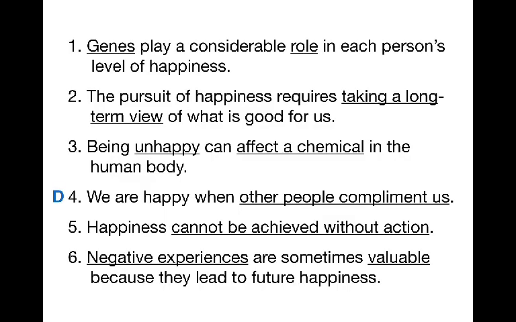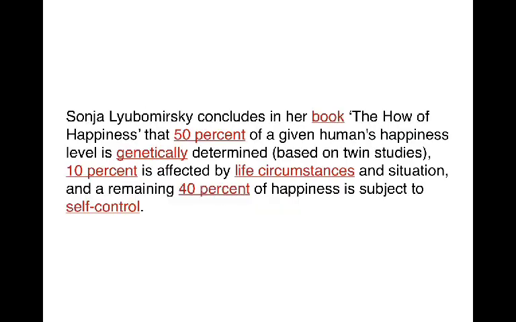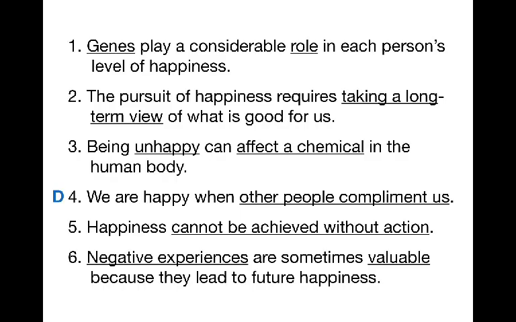If we look at the question statements, we know that we don't need to worry about number 4. Number 1, genes play a considerable role. Well, if we just go back a moment to what she said, 50% of happiness is genetically determined. Genes play a considerable role. That seems to already be the answer.